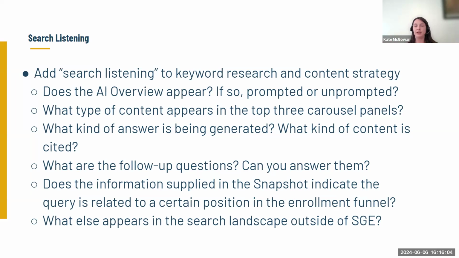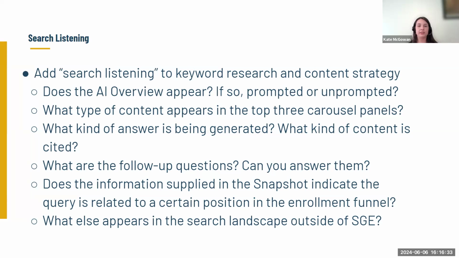Is it returning a short admissions information page? Look at the type of content and look to see if that indicates that the query in the search bar that you're looking at is related to a certain position in the enrollment funnel. So that can speak to whether you need to create content for early on students who are prospective searchers, as well as creating content for users who are further on in the enrollment funnel.